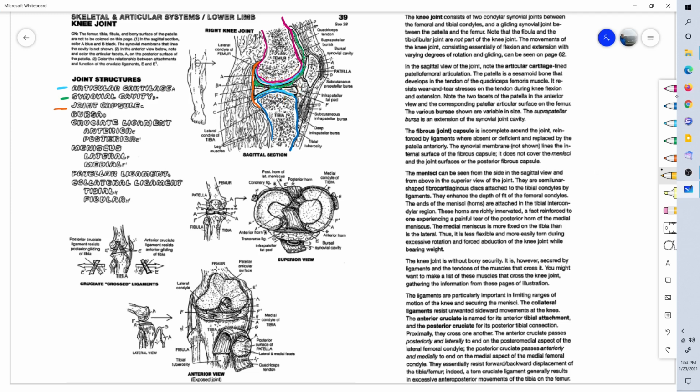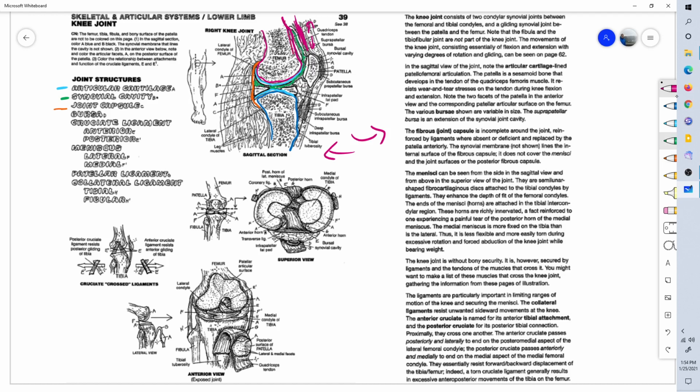There are bursa, little sacs, in certain areas of the knee that prevent friction. For example, here is the tendon, the quadriceps tendon, or the patellar tendon right here. And you can see with all the up and down movement of the knee as the knee flexes and extends, that this might be an area of friction right here between this tendon and the femur.